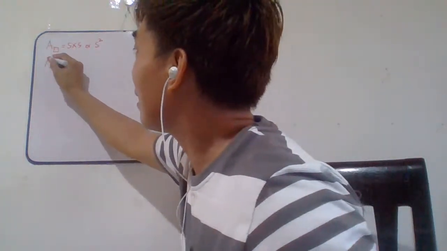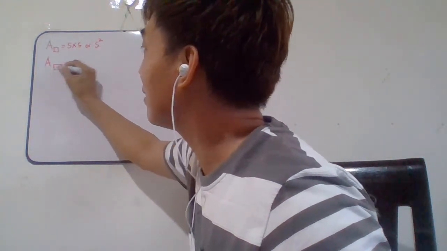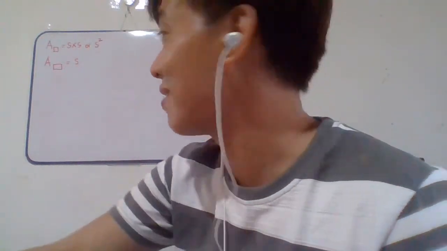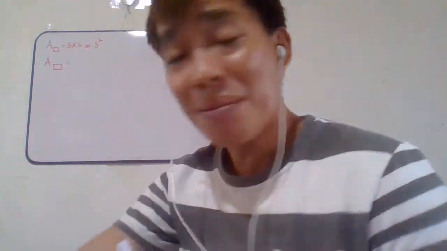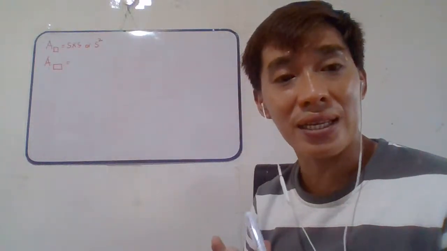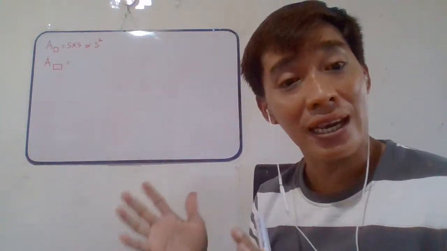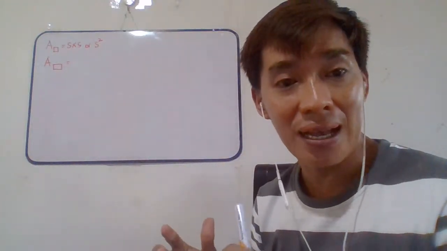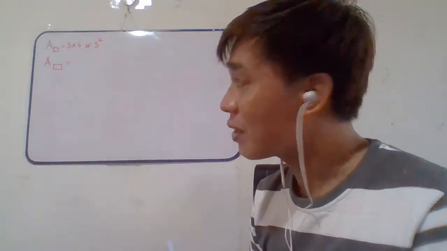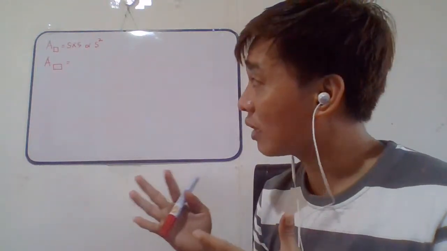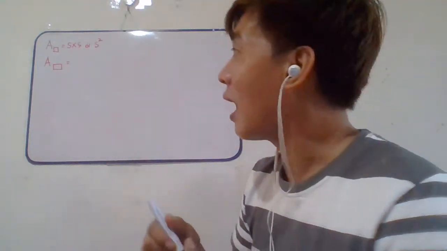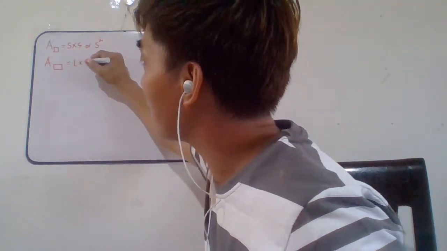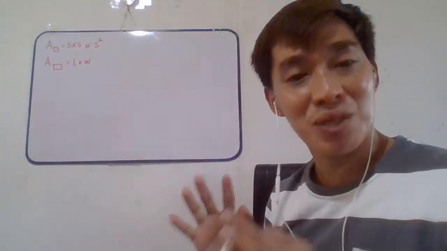The area of the rectangle: we only use side if two sides have the same measurement. In a rectangle, the longer side is what we call the length, and the shorter side is the width. So you just multiply length times width.